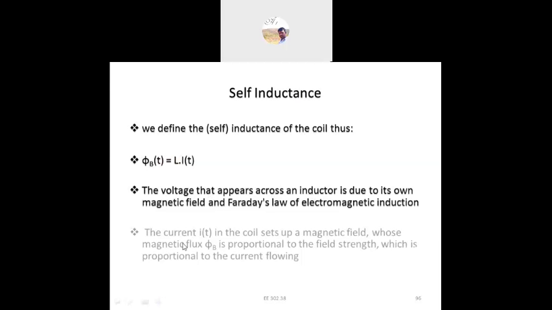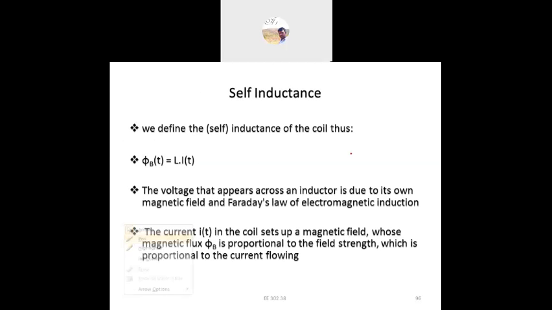The current through the coil sets up a magnetic field whose flux is proportional to the current flowing through it. So if the current flows, the flux is produced, and due to the variation of this flux, a voltage is induced. That is called self inductance.